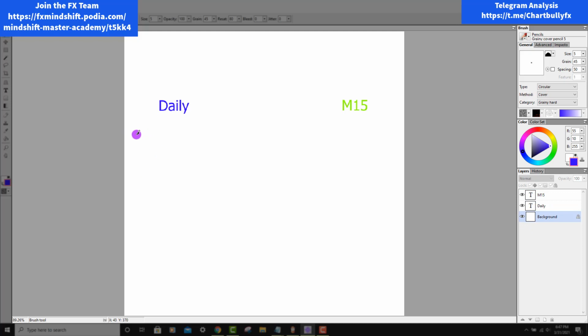Okay, we got our daily range, right? Let's say this is the top and here's the bottom of the range.